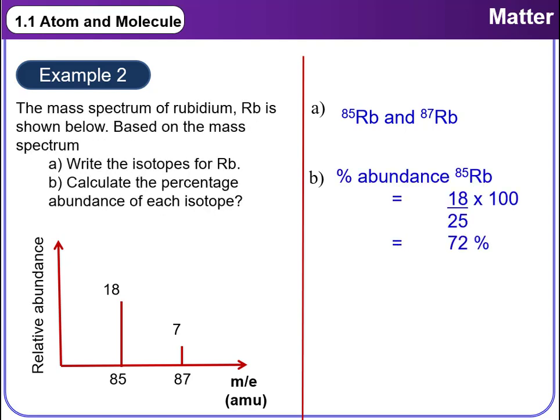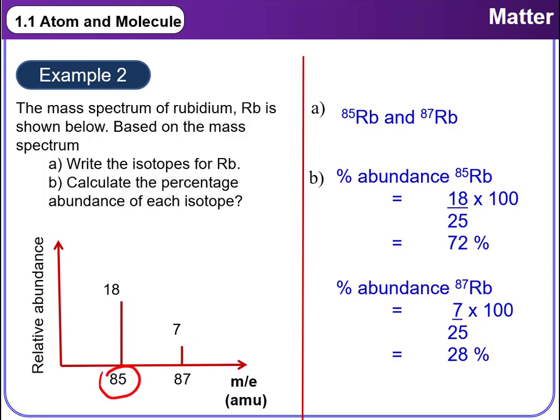Example 2. Let us look at example 2. The mass spectrum of rubidium is shown below. Based on the mass spectrum, write the isotopes for rubidium. Since we have the masses 85 and 87, how can we represent the isotope? This way. How can we get the proton number?